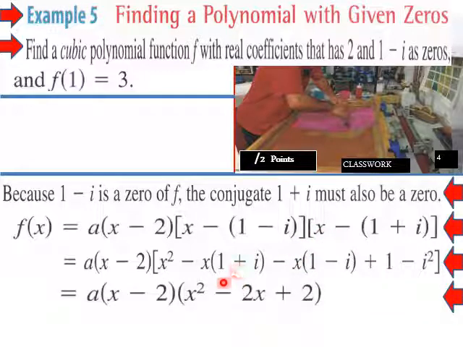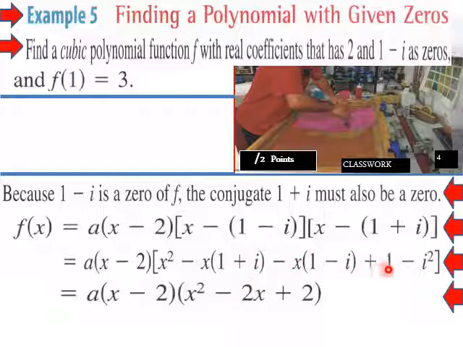When you hash this out, it becomes x squared minus 2x, so negative x times 1 plus negative ix, minus x, and then a positive ix, so those two would cancel out.